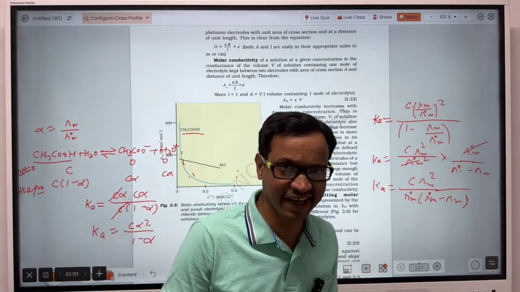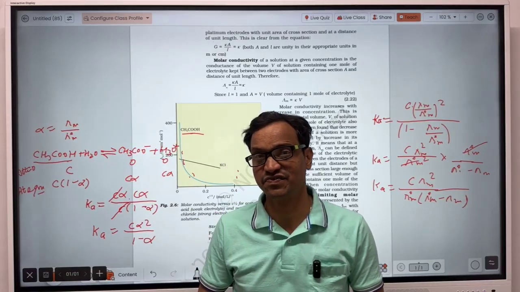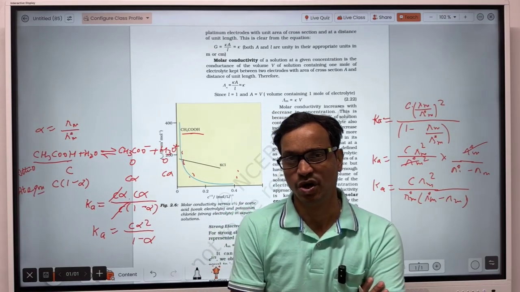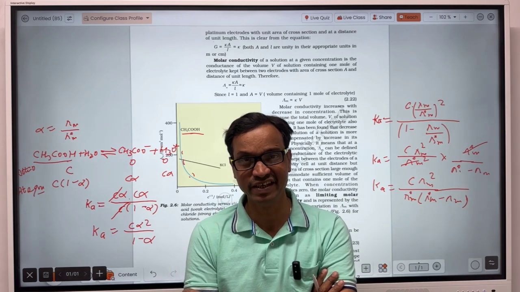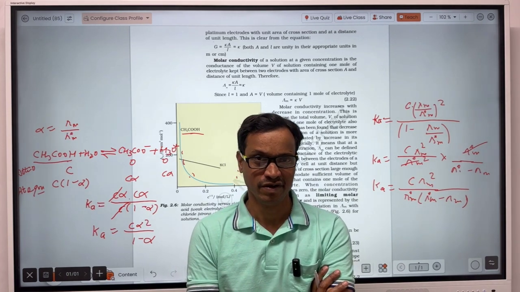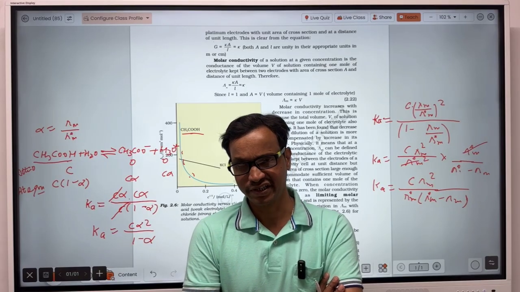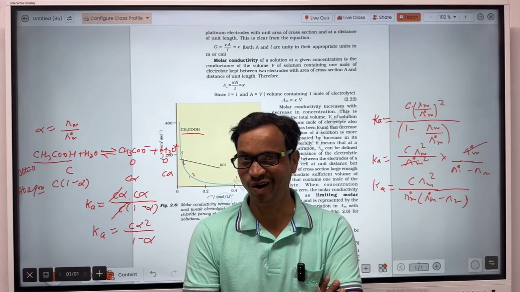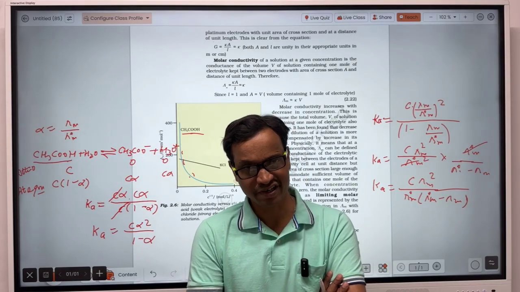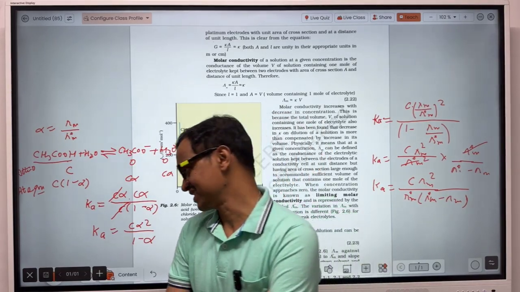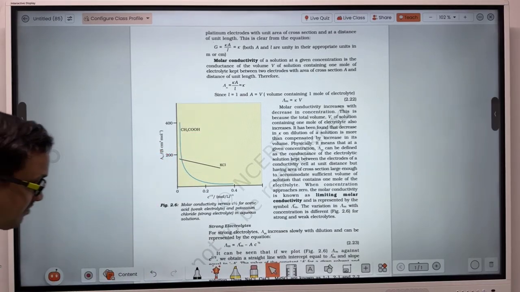That is indicating that for a strong electrolyte as well as for a weak electrolyte, on diluting the solution the molar conductivity will increase, or on increasing the concentration, the molar conductivity will decrease. Okay guys, so that was here.